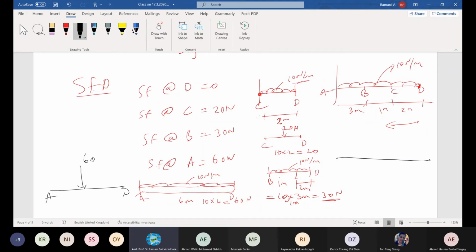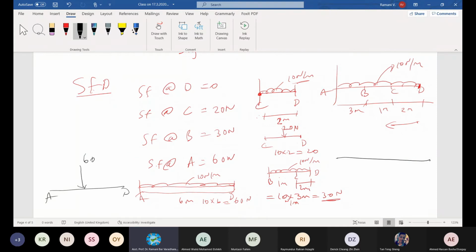It cannot jump all of a sudden. It can only grow gradually. In UDL, it is an inclined line. It's linearly varying in terms of distribution. That's why for UDL the shear force diagram should be straight inclined lines.